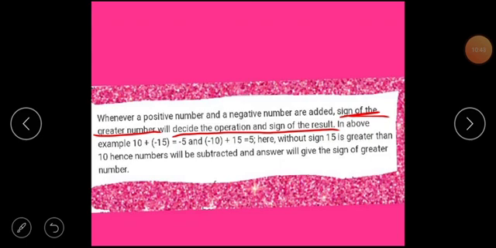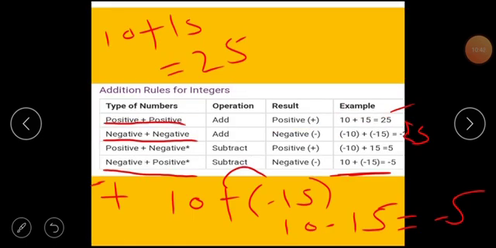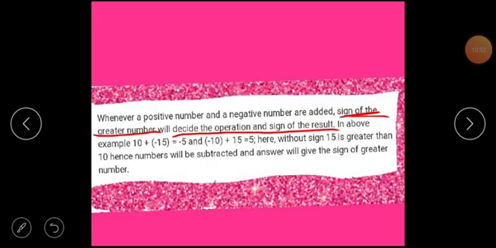In the above examples, as we discussed in the last two examples, 10 plus minus 15 will be equal to minus 5. Here 15 is the greater number with a negative sign, so in the answer we use a negative sign, and we do subtraction because our greater number is negative. One number is positive and the other is negative, so we subtract these two numbers.